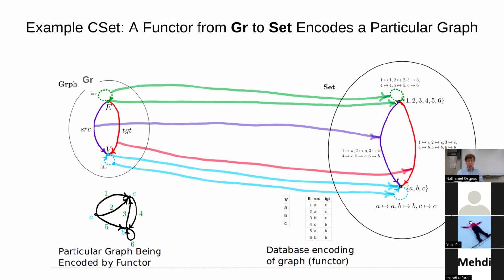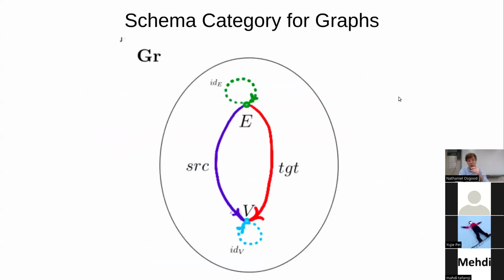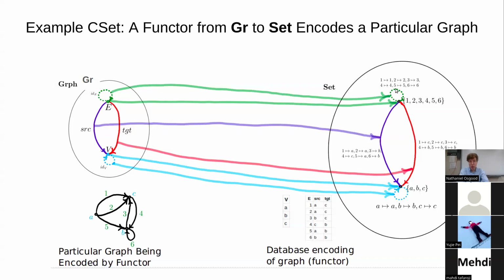So what does the identity function here do? What does it do for edge to edge? What is it mapping? Every edge to itself. So edge 1 goes to edge 1, edge 2 to edge 2. This is an object in set. It's a set, so it has to have something like this, and this has to have one as well.